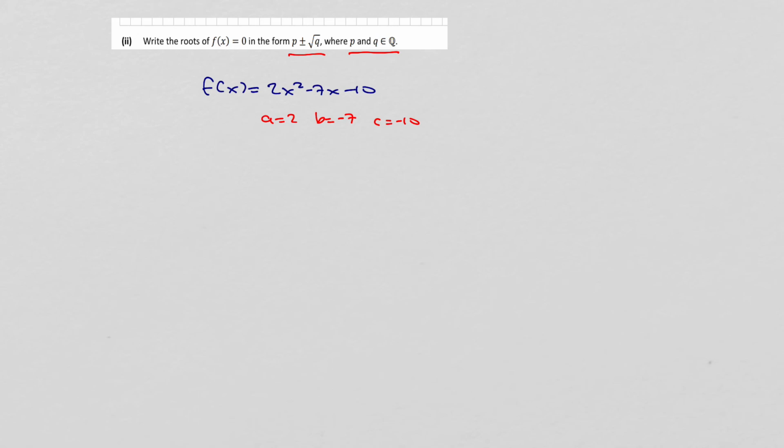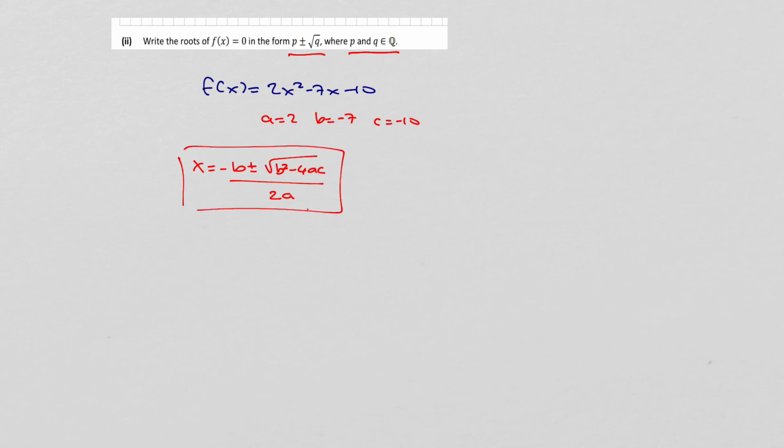Now, you can do this one of 2 ways. You can use your minus b formula, or you can go back to where you've written it in the perfect square form, let that equal 0 and get x on its own. It's much of a muchness. If we go with the minus b formula, then x is equal to minus b plus or minus the square root of b squared minus 4ac all over 2a.